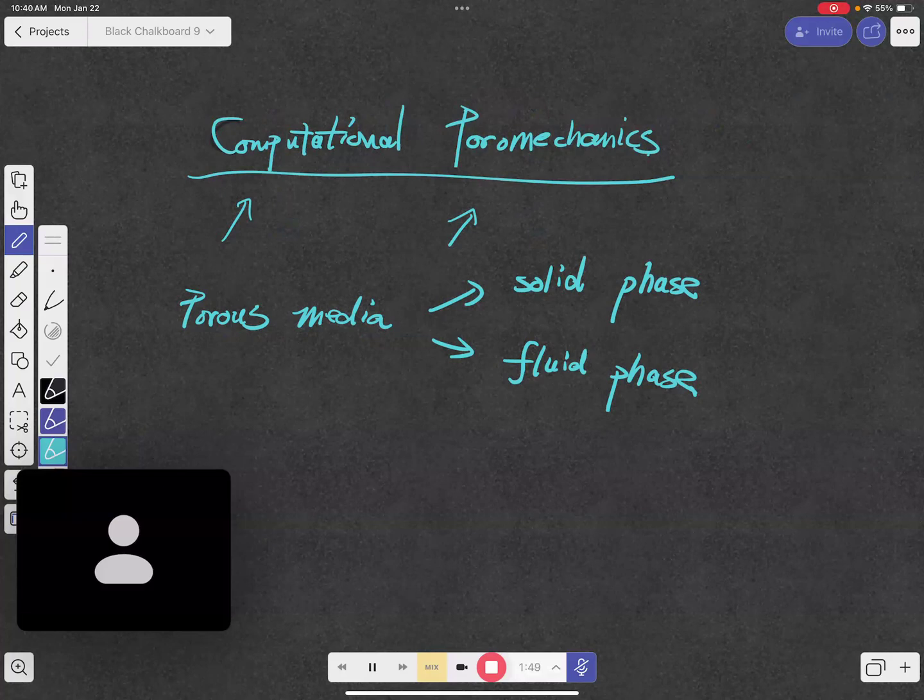But on Earth, we are not studying something in outer space. The voids are still filled with air, so air is one kind of fluid. More precisely, in poromechanics, porous media are filled with more than one fluid, and they interact with each other.